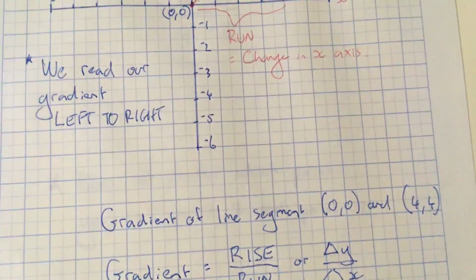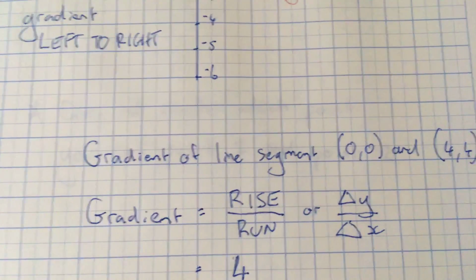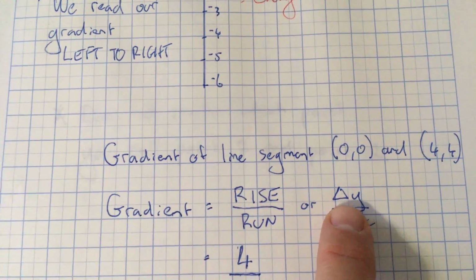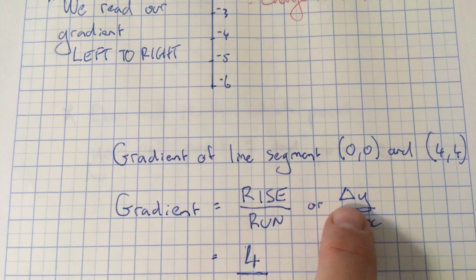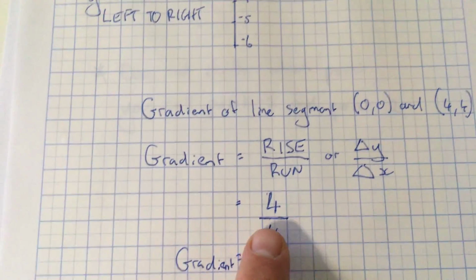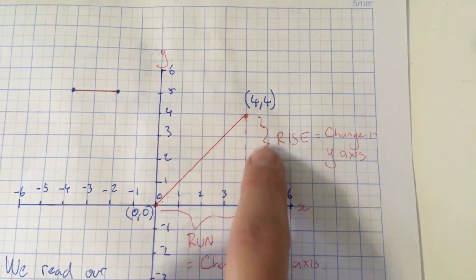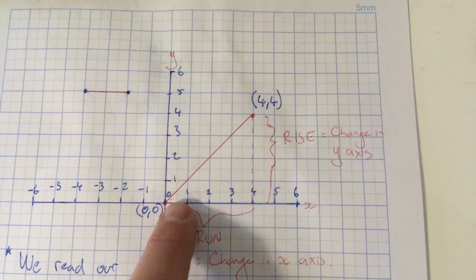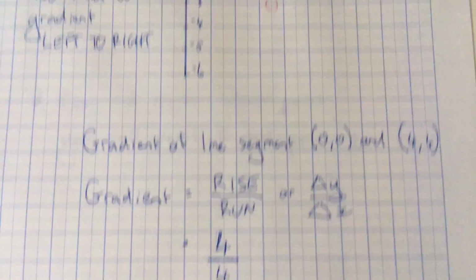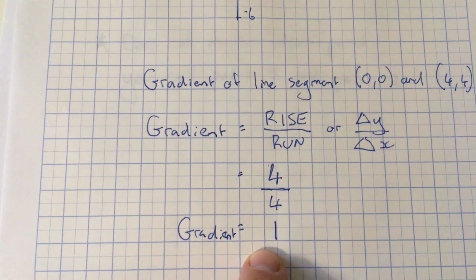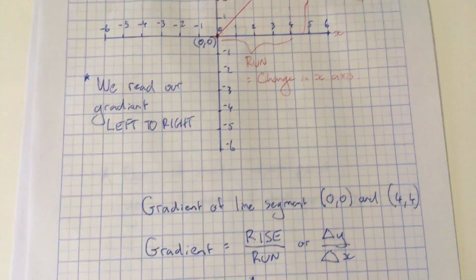So the gradient of line segment 0, 0 and 4, 4, gradient is rise over run, or change in y, or we use a triangle or delta, the Greek letter delta, which means change in y over change in x. So we have 4 over 4, so we can see go up 4 spaces in the y-axis for every 4 spaces moving across in the x-axis. So 4 over 4, we divide that and we get a gradient of 1. So that is our old school graph way.